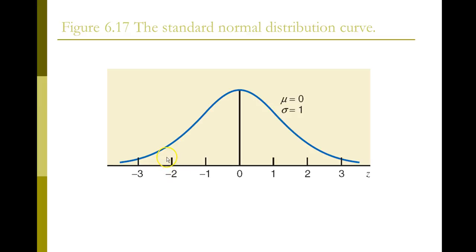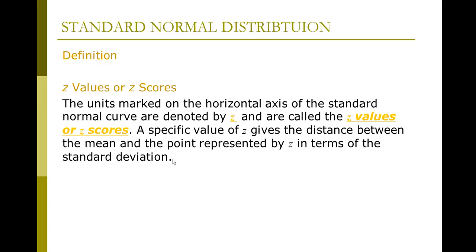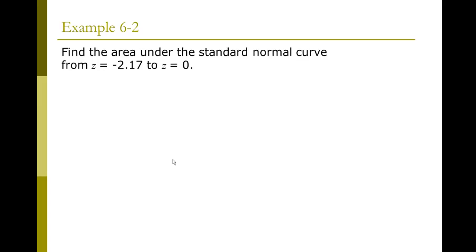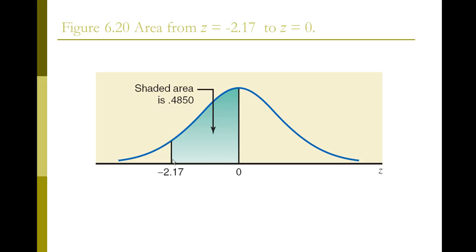Maybe they drew the picture, so let me see if they have the picture here. I want to know the area between here and here. Now the table doesn't tell me that. The table will tell me how much area is to the left of whatever value you put in. So if you put negative 2.17 into the table, it's not going to tell you this area.